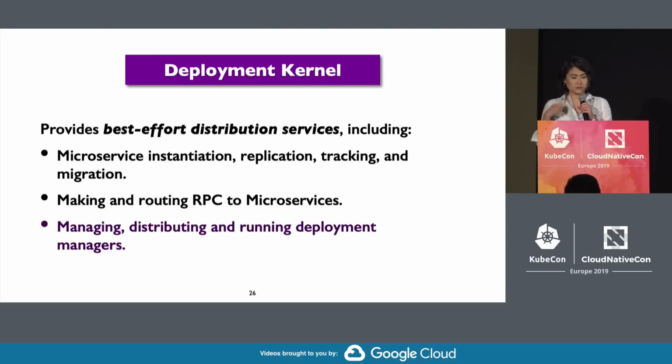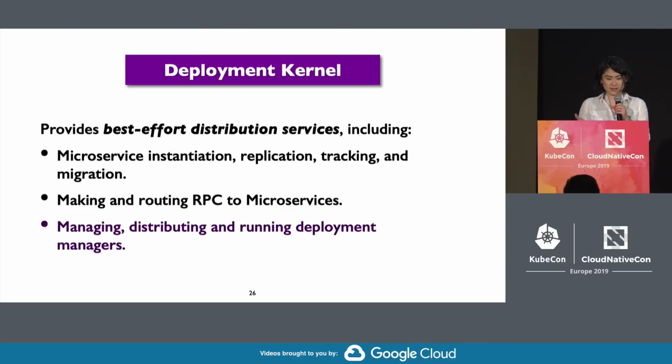It automatically replicates them, tracks them, it can move them, and it can also find your Amino microservices. So you can essentially make a call transparently from any Amino microservice to any other Amino microservice without having to do a lot of complicated lookup and RPC management.